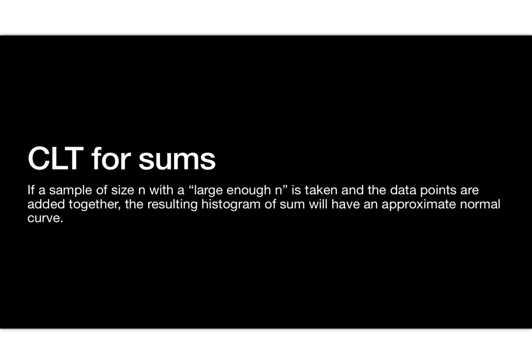Central limit theorem for sums. I introduced this last time we met. I said it was the second half, and it was a little bit lesser. It's just not as common to be used, but it is technically a part of the central limit theorem, which says that if we have a sample of size n that's large enough, and we sample some data points, and those points are added together, the resulting histogram of sums will have an approximate normal curve.